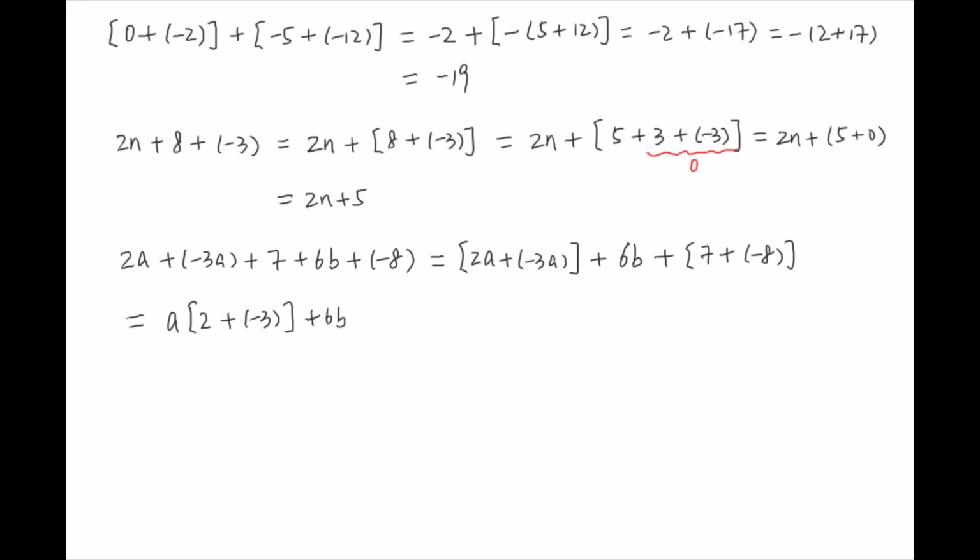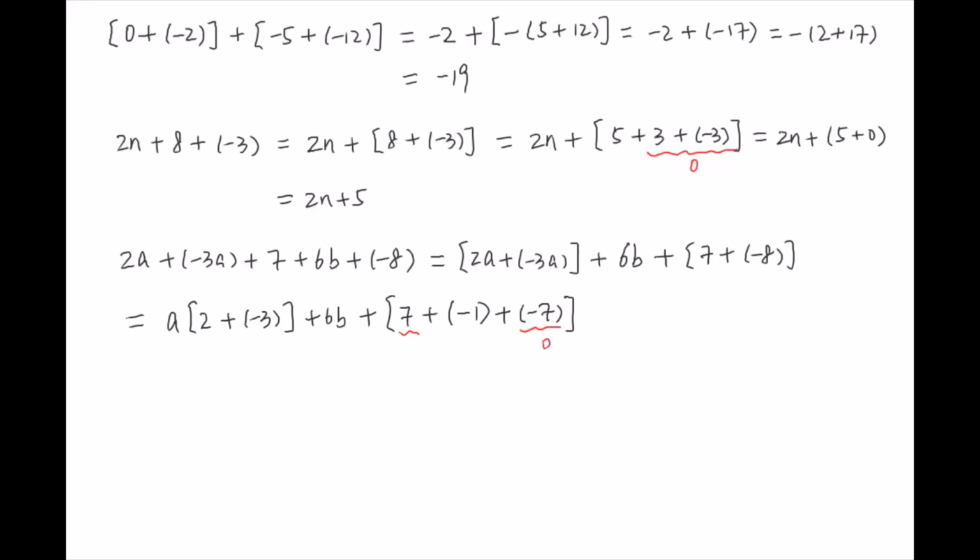For this bracket, 7 plus negative 8, we can get 7 plus negative 1 plus negative 7. Then we group these two terms together. You can see the 0.